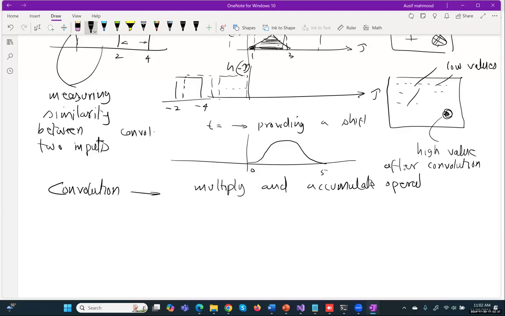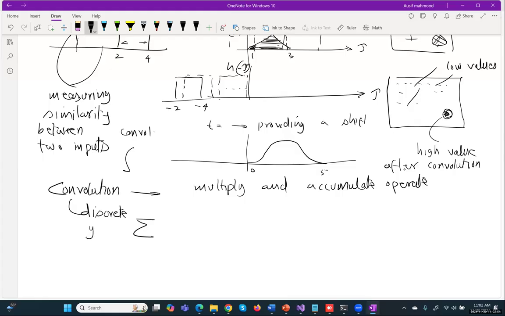So if you forget the integral, let's go to the discrete domain, not continuous signals. In the continuous signals, we have the integrals involved. And again, integral is area under the curve. In the discrete domain, the integral changes to a summation.